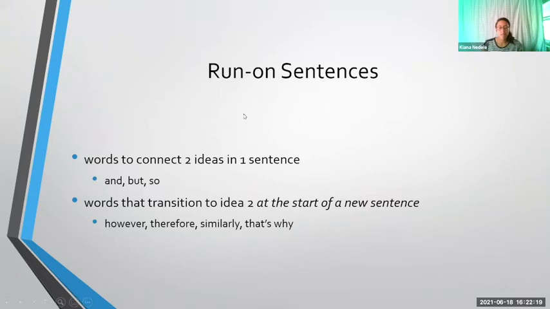So here we have words to connect two ideas in one sentence. So words that we use with commas. And, but, so, though. And these are words for if, while.